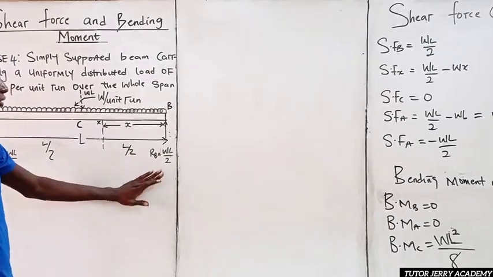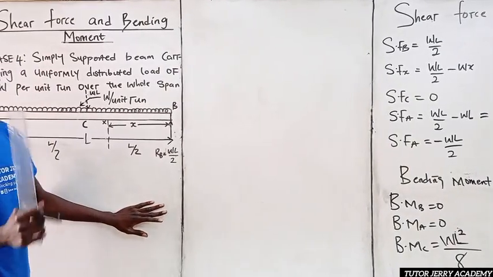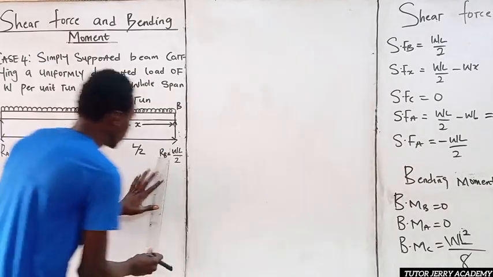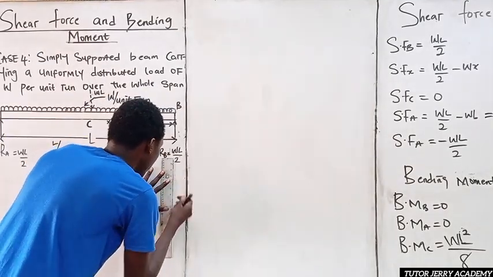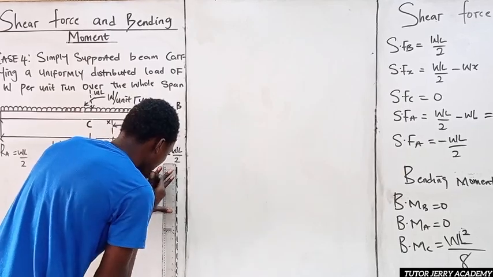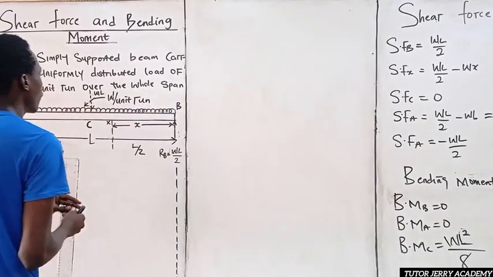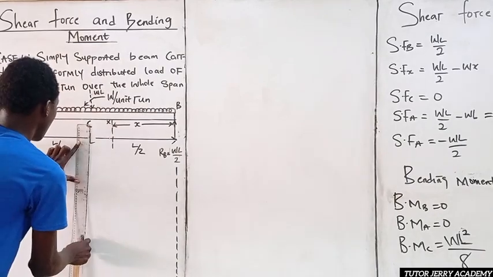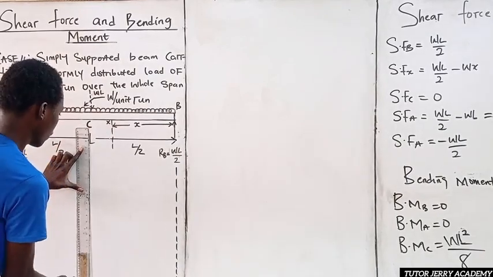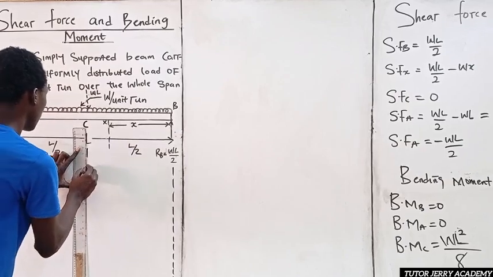So now let's draw the shear force and the bending moment diagram. So at all points where I have my force, I'm going to be representing them with a dotted line.